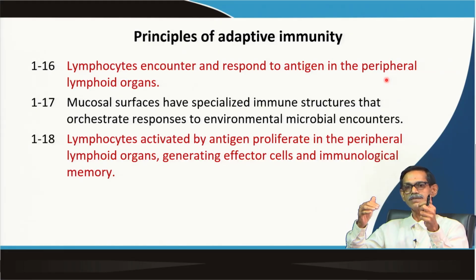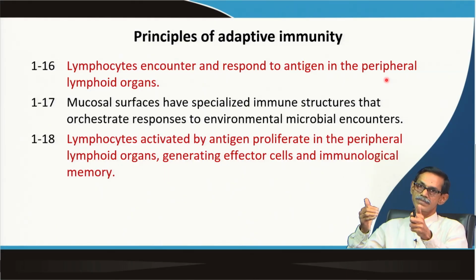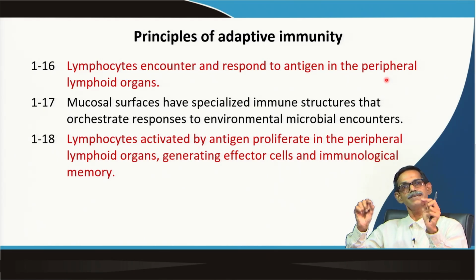So they are always encountering different pathogens or foreign bacteria, which may not be pathogens. So they also have specialized lymphoid tissue that we will see later, and lymphocytes activated by antigen proliferate there.